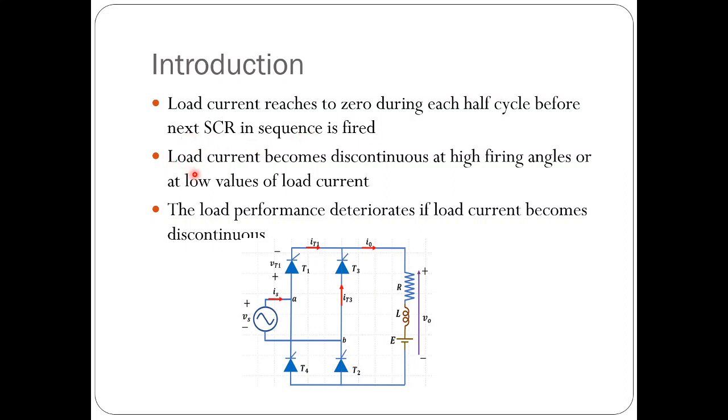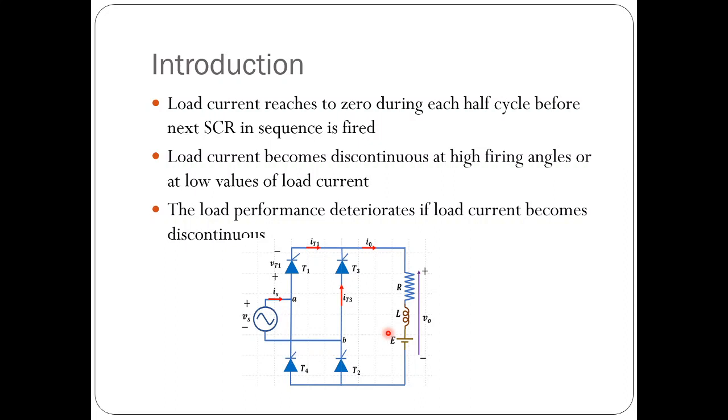The reason for load current to become discontinuous is high firing angles. If you fire at a very high firing angle, maybe alpha is more than 90 degrees, and the resistance value and battery back EMF are high, so that the current value is very small, it will become 0 within a short period, before the next sequence of the thyristors are fired.